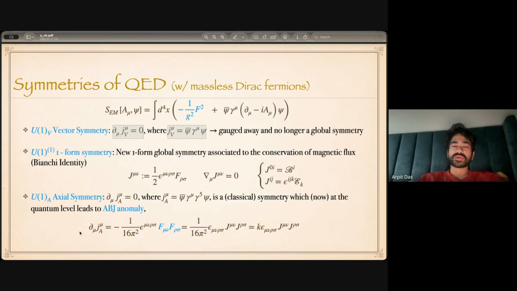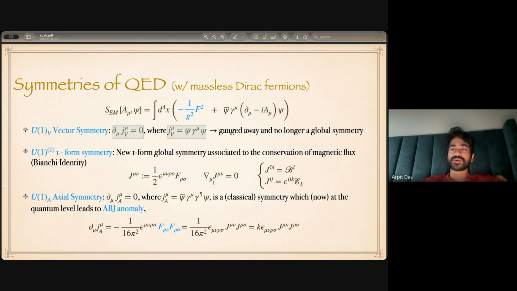For people who are not familiar with anomalies, let me tell you very briefly what these are. Essentially, you have a symmetry at a classical level: this equation, del mu j mu is 0. But when you quantize your theory by doing a path integral, you find that everything goes through except that the path integral measure is no more invariant under these axial phase rotations.